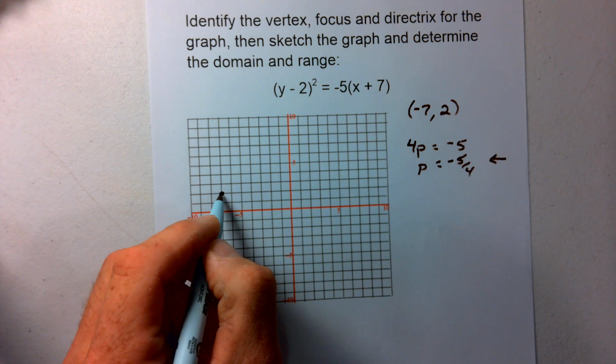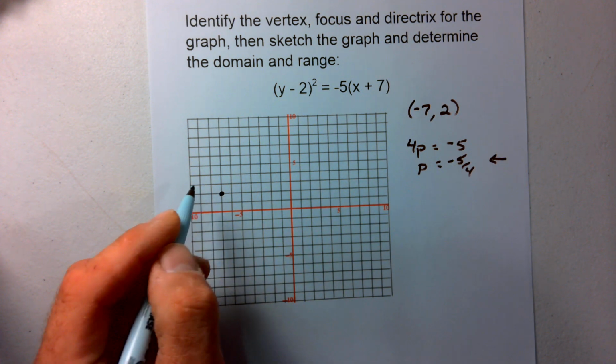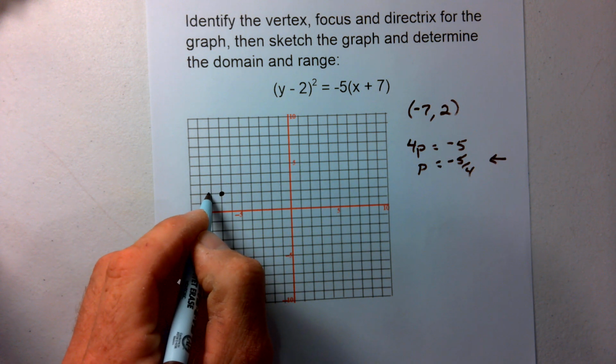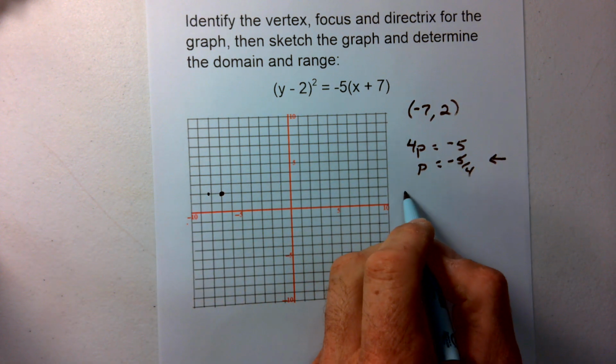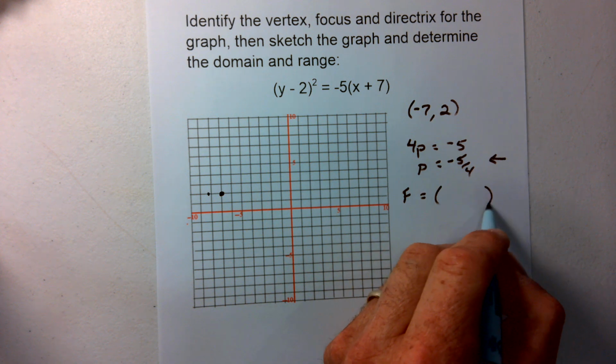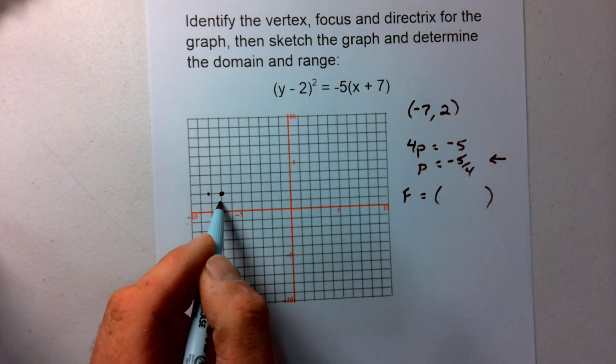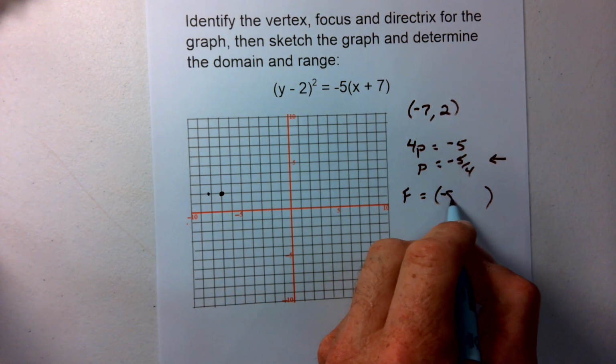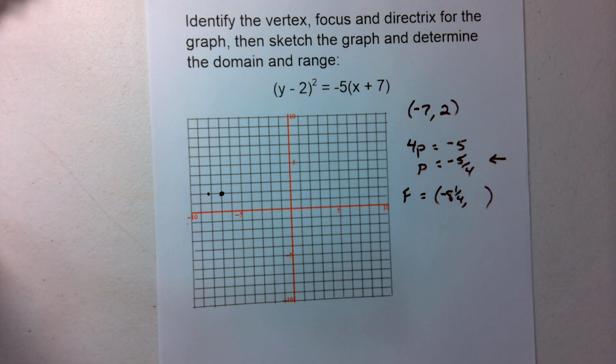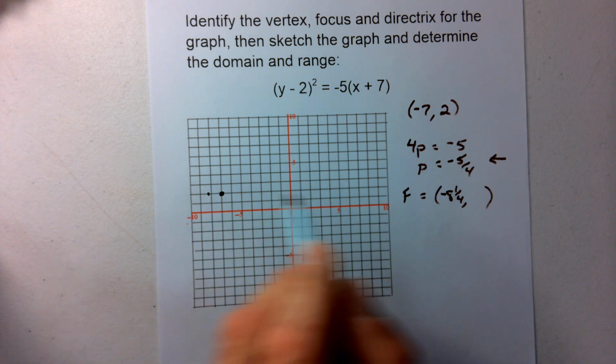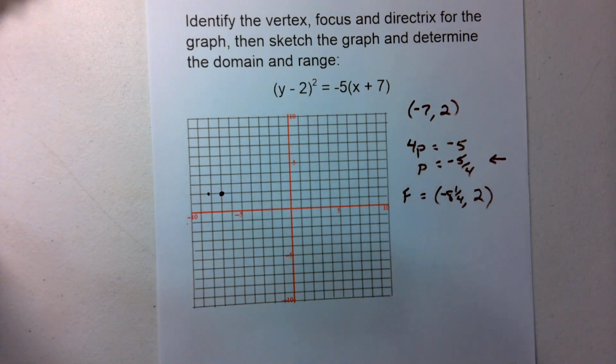So I'm going to open up to the left. And my focus is going to be 5/4 of a unit away from that vertex. So I'm going to be out here. So my focus is going to be at the point, well, we got -7, we got -8 and 1/4, or -33/4 if you want. But my y value we're going to see is going to be the same. It's still going to be on that 2.